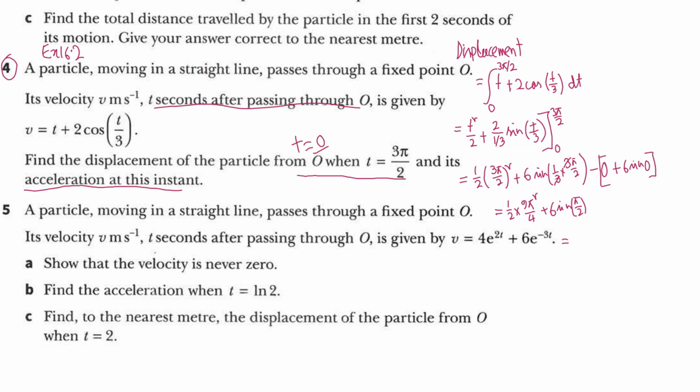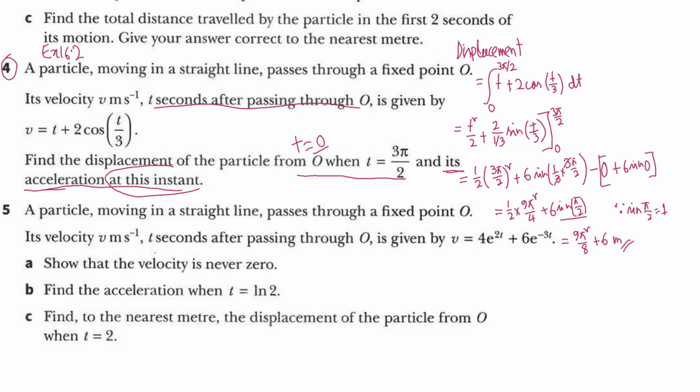So our final expression is 9 pi square by 8 plus 6, and its unit is definitely meter. This is the first part of this question.